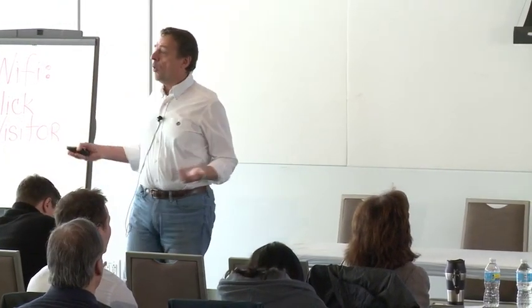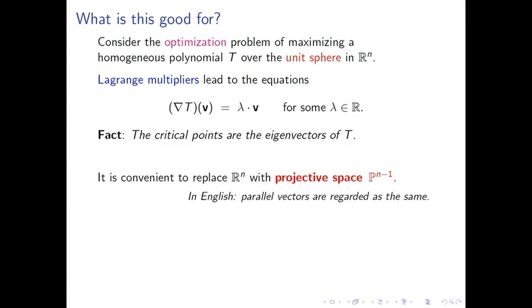Now what is this good for, and how does this tie in with what you know, say statistics, optimization? So let me first argue that this is really a very, very, very well-known classical optimization problem, namely the problem of maximizing a homogeneous polynomial over the unit sphere in n space. The unit sphere is the set of all points where the squared sum of coordinates is equal to 1. So maximizing a homogeneous polynomial, this is well-defined, has a maximum, it's a compact set.